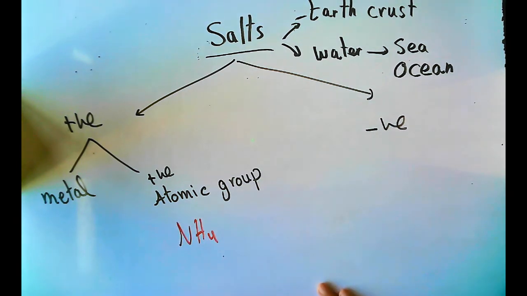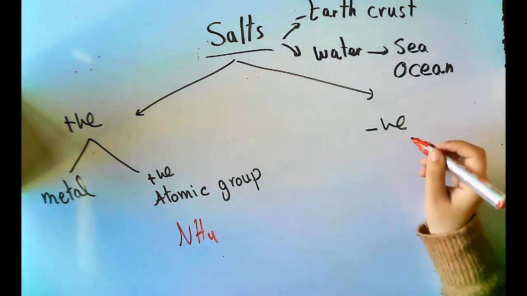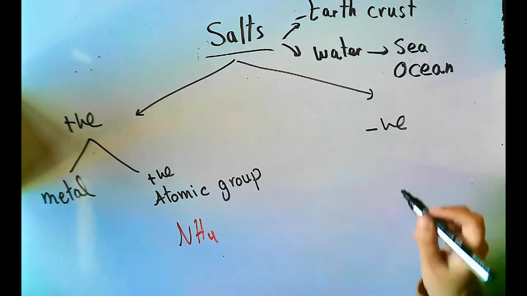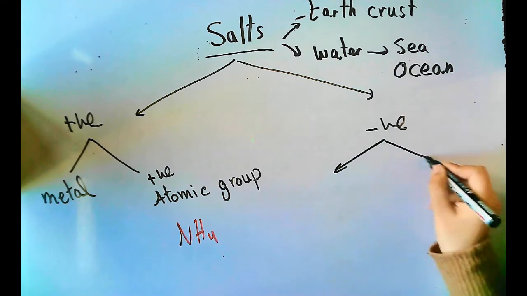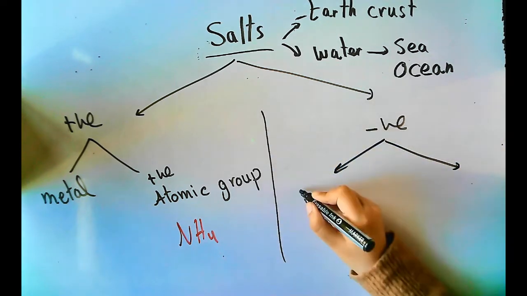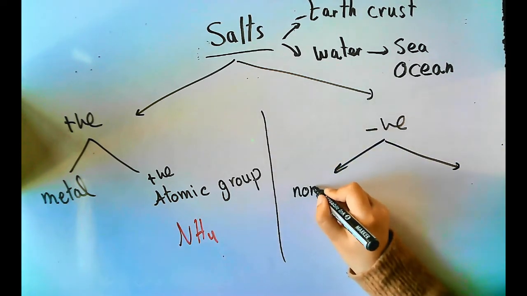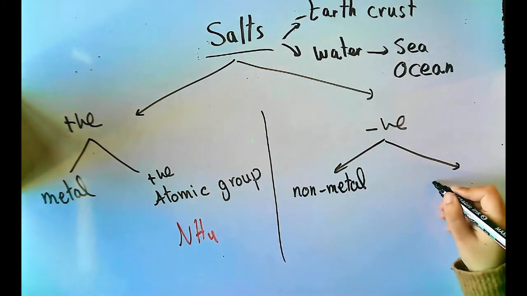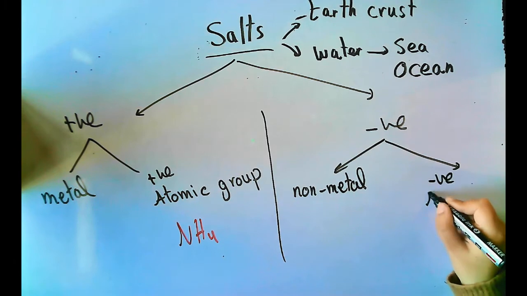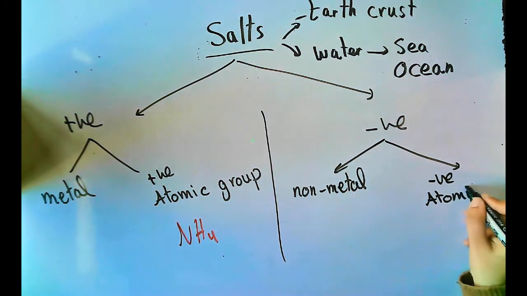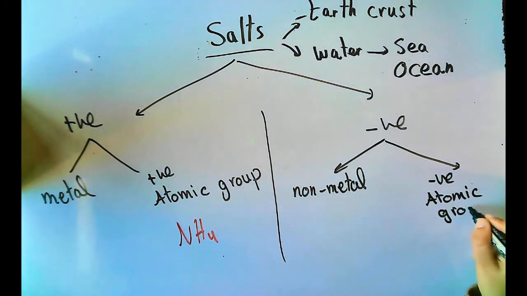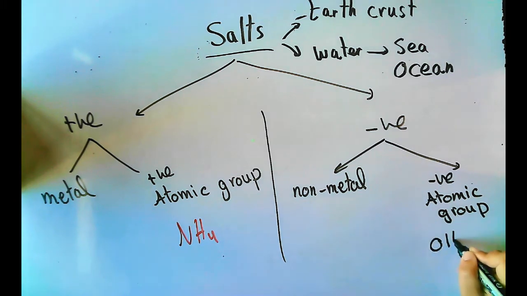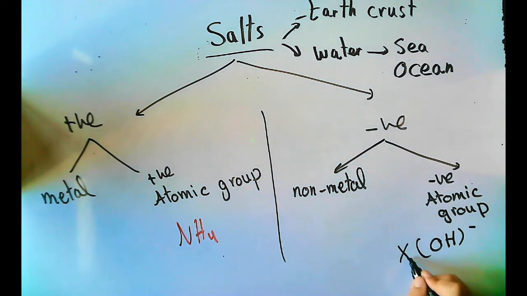NH4, ammonium. The negative part may be a negative non-metal or a negative atomic group, except hydroxide, because hydroxide is present in bases or alkalis.